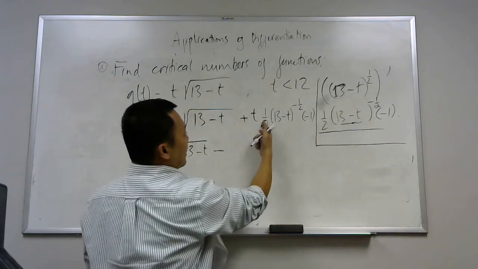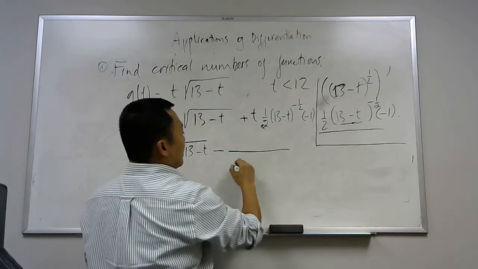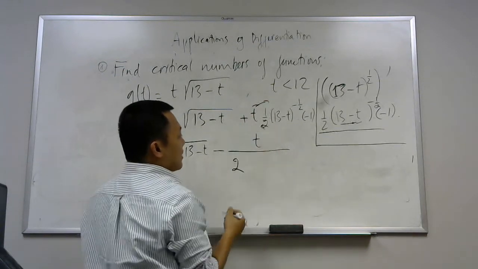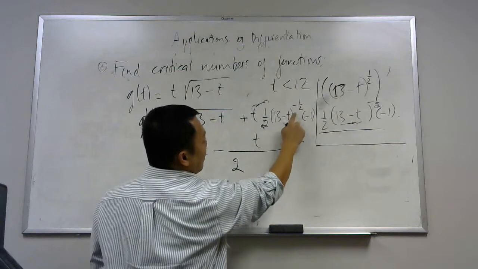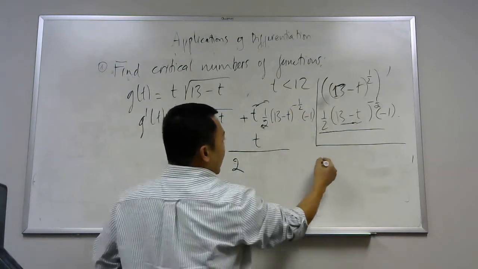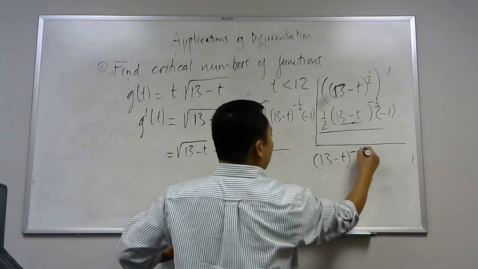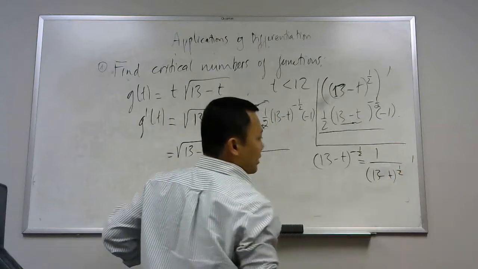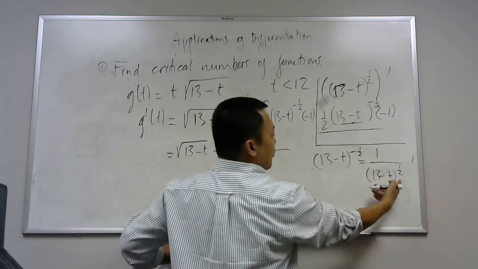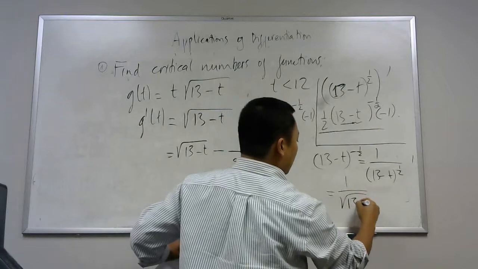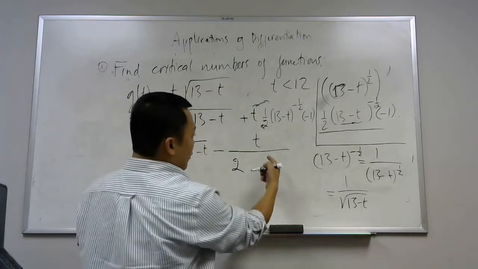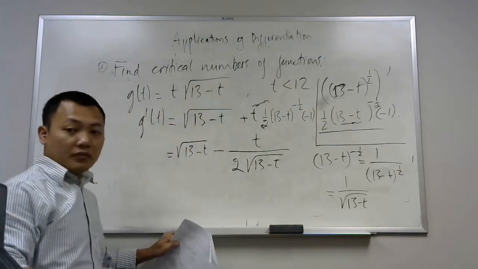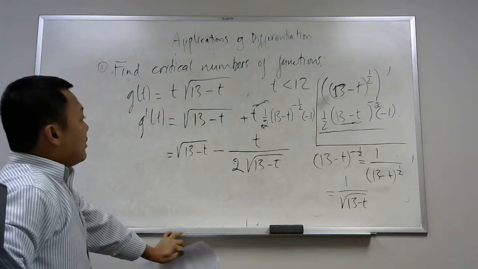You have negative 1 and 1/2, so I have a negative, with 2 on the bottom and t still on top. And 13 minus t to the negative 1/2 equals 1 over 13 minus t to the 1/2, which is 1 over the square root of 13 minus t. So I rewrite this in this form, and that is our derivative.